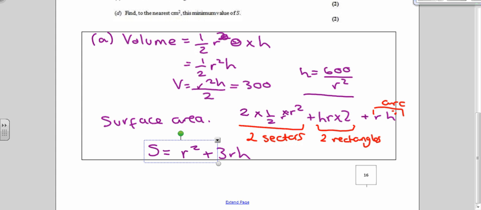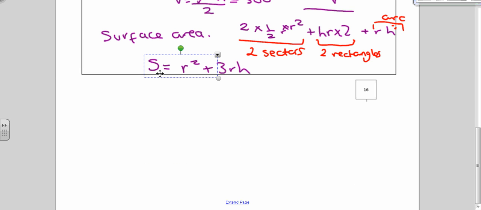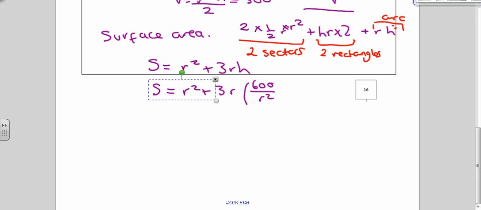But of course, we have a value for h here, 600 over r squared. So instead of h, I'm going to write that now. So S equals r squared plus 3r times 600 over r squared. So that r cancels out with one of the r's.